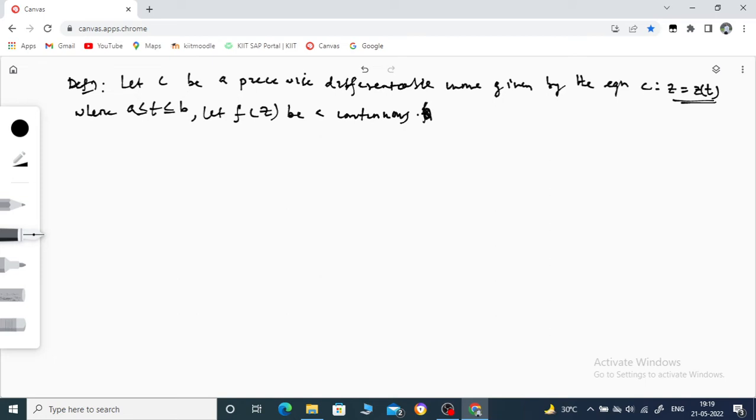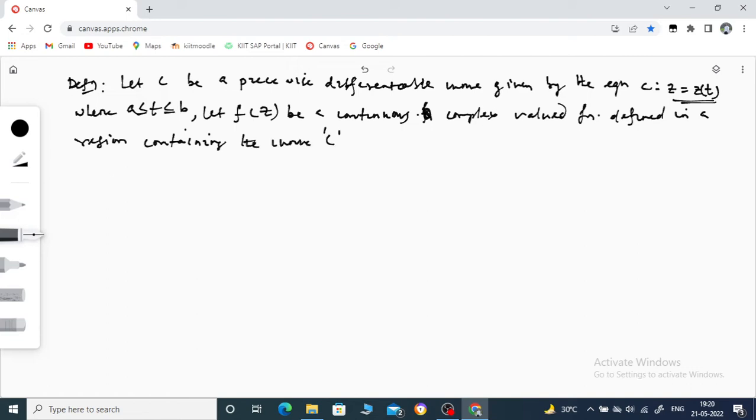Since it is complex valued, we can say this is a continuous complex valued function defined in a region containing the curve C. That is, you have to integrate this f of z over C, and here it is saying that f of z is continuous in a region containing this curve C. That means on this curve C, f of z is continuous.